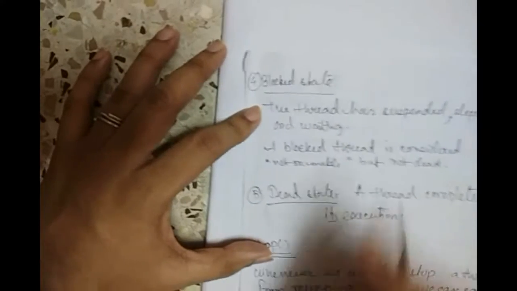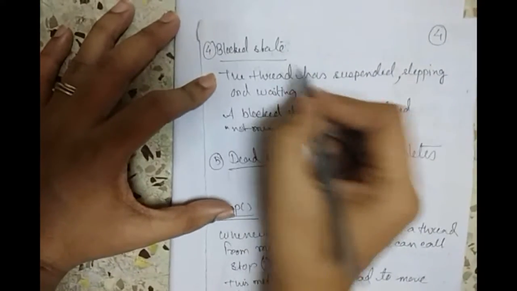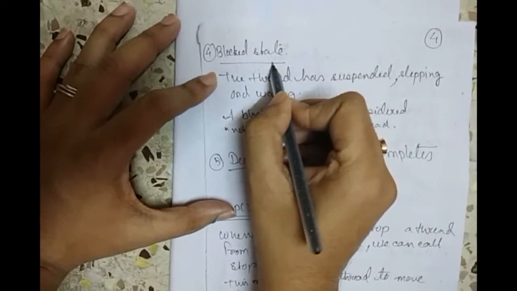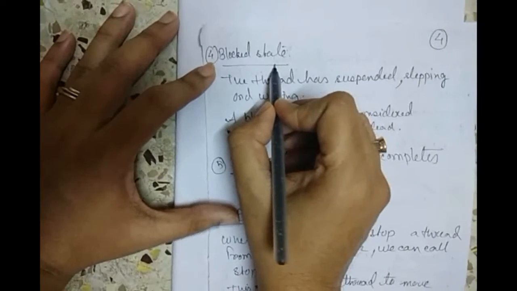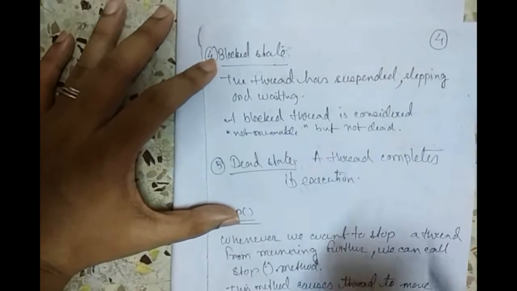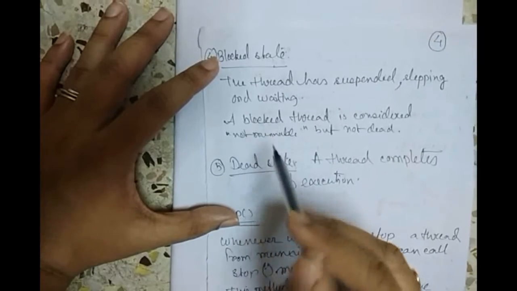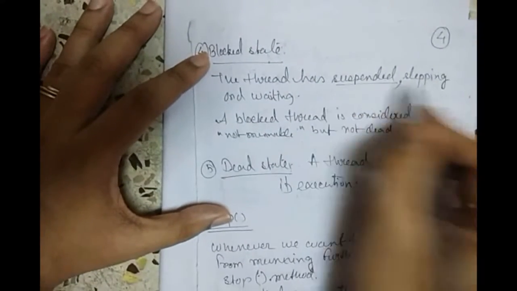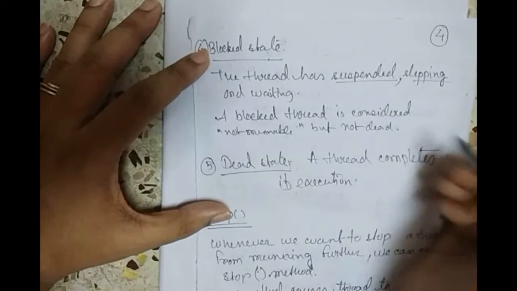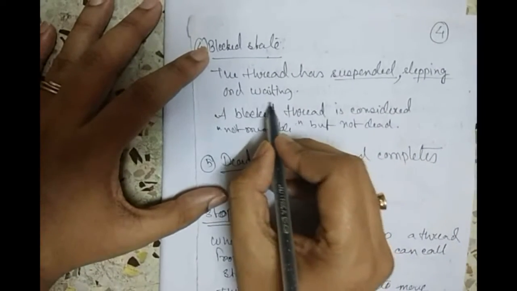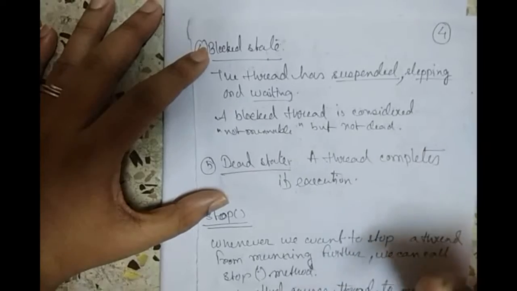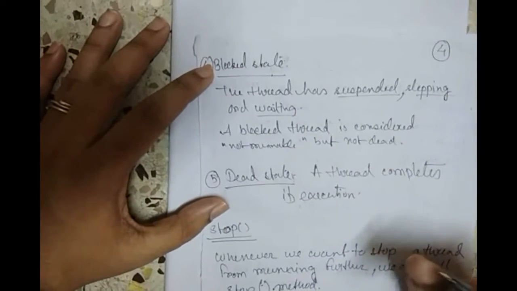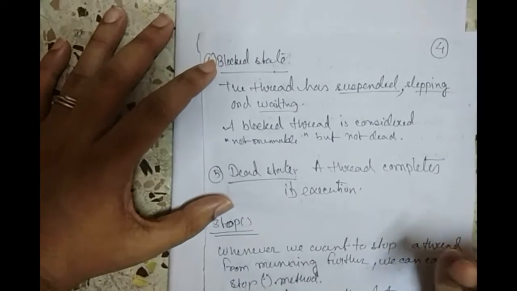Next, the blocked state or suspended state. It is the fourth state of the life cycle of a thread. Whenever we are suspending a thread, sleeping for some sleep time, or waiting for some other event to occur, the thread goes into the blocked state.